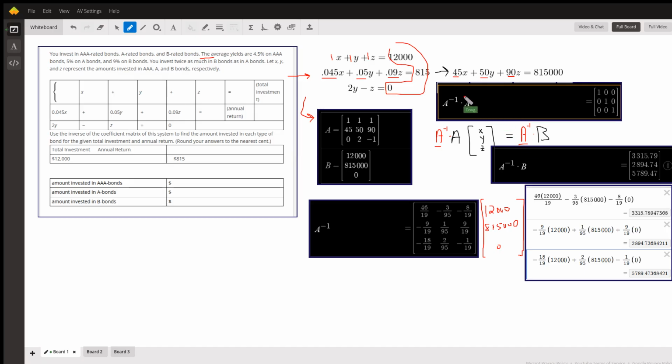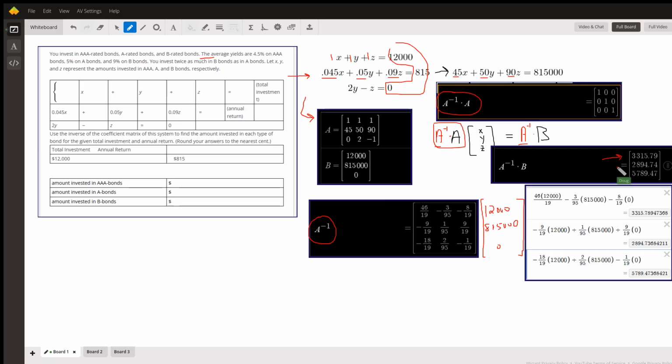Here I make note of the fact that if you take A inverse times A, you get the identity matrix. That's why this side reduces to just xyz. And A inverse, we'll talk about that in a second. How do you get A inverse? Look at that. If you multiply it times B, you get these values.